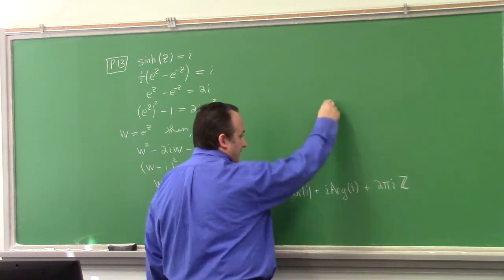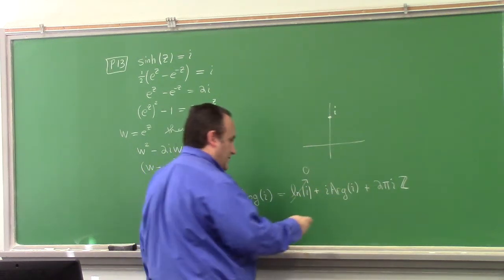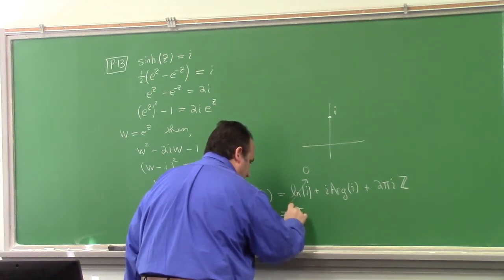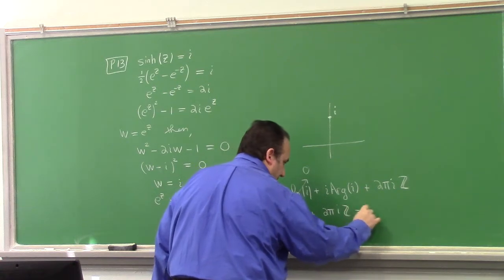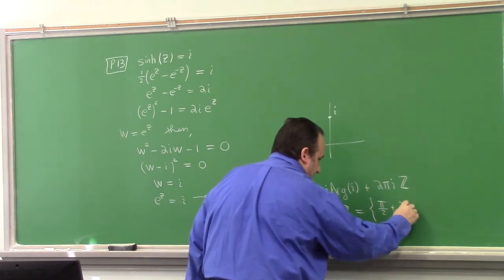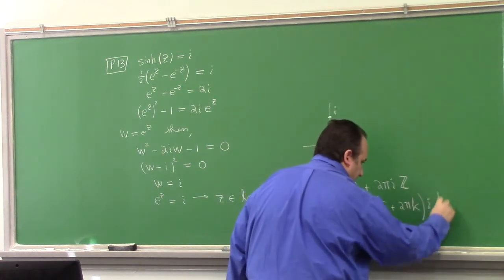And the argument of i, pi over 2, right? So what we're looking at is i times pi over 2, plus 2 pi i z. Or if you want to write it as a set, it's the set pi over 2 plus 2 pi k times i, such that k is an integer.